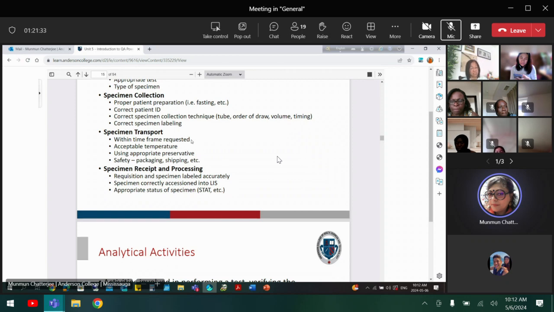Anybody cannot come every 2 hours. So if they cannot come within 2 hours with the serum, what are you going to do? We separate it, ma'am. You have to separate it after 30 minutes anyway, aliquot it and put it in the fridge.